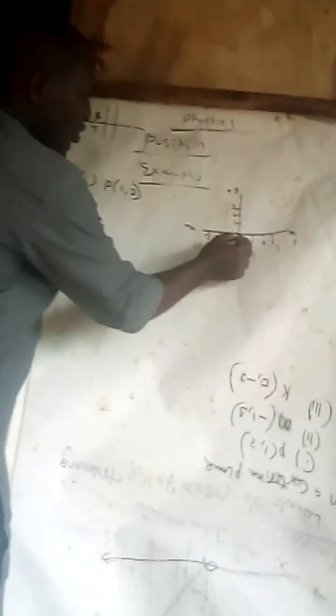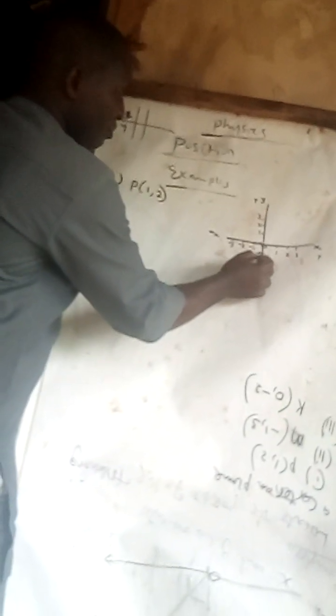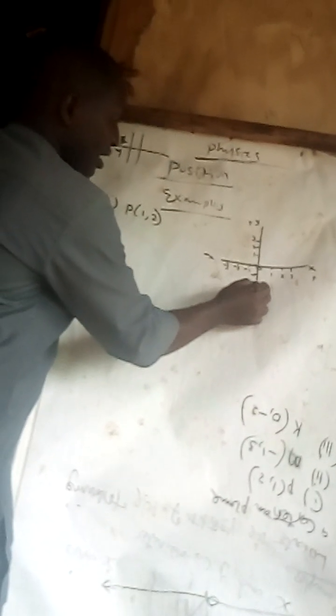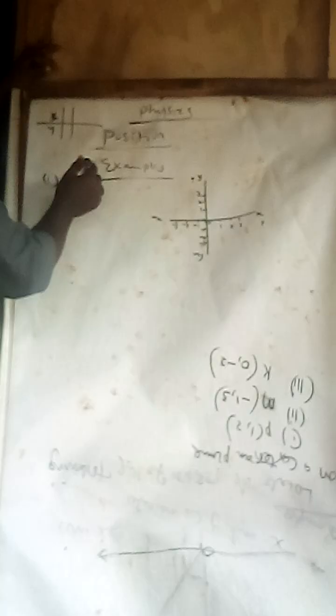Now you sketch also minus 1, minus 2, then minus 3. Are you getting me now? So for you to have this location, you write x, y on that question. X is the first side to locate, followed by the y axis. Are you getting me now?